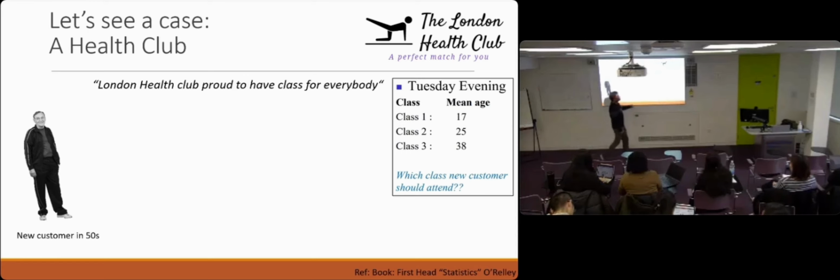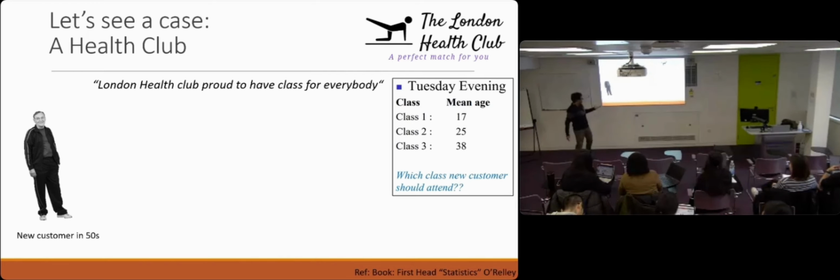They calculate the mean age of every class and put it there. So class 1 has mean age 17, 25 and 38. Whenever somebody comes, they ask them their age and check which is the closest one, and they put them in there, and they think that, okay, that's fine. That's how we actually make sure that everybody goes to the right class of people with their same age.